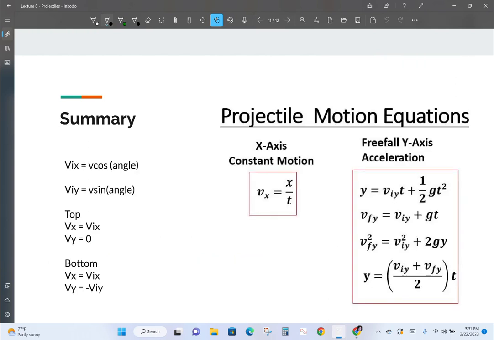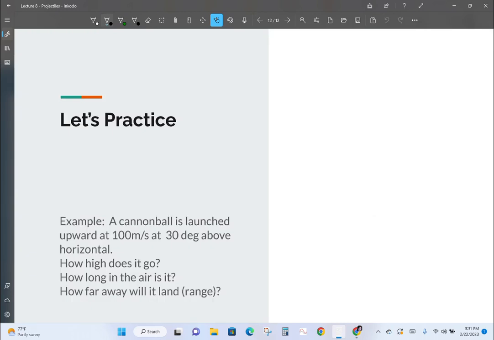So let's do an example. In our formulas, we have all this information here about how I found those things. A cannonball is launched upward at 30 degrees above the horizontal. So this is the same problem. We found that it was launched upward at 50 meters per second, and forward at 87 meters per second.